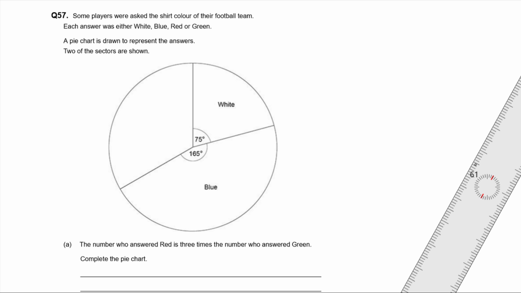Oh no, they haven't said here that it's not to scale, so I might have to actually use my protractor. It's annoying. So anyway, question 57, some players were asked the shirt colour of their football team. Each answer was either white, blue, red or green. The pie chart is drawn to represent the answers. 2 of the sectors are drawn.